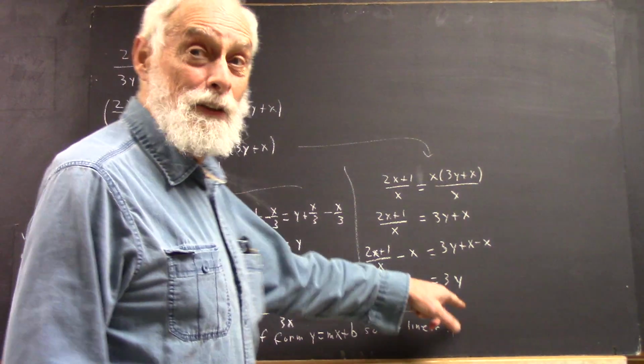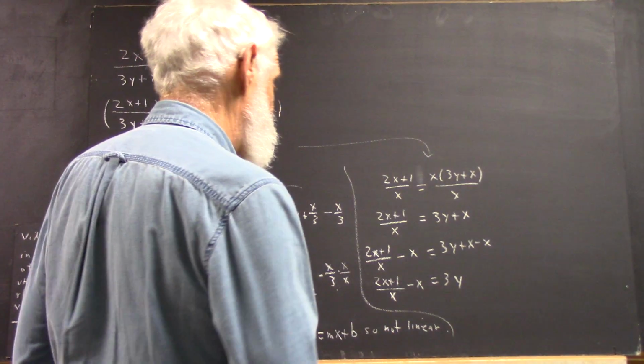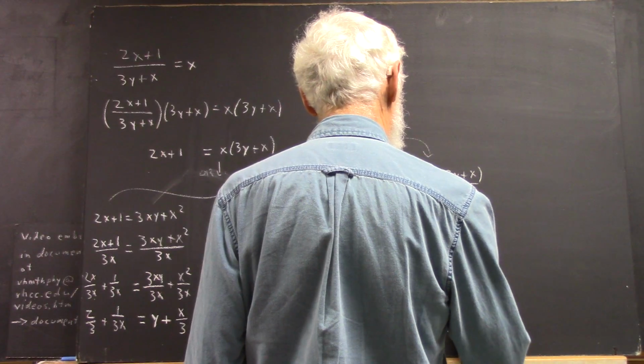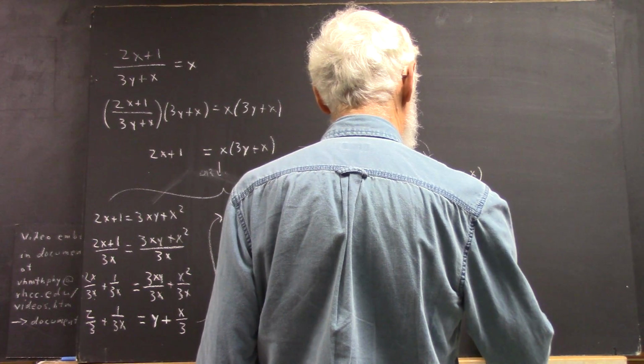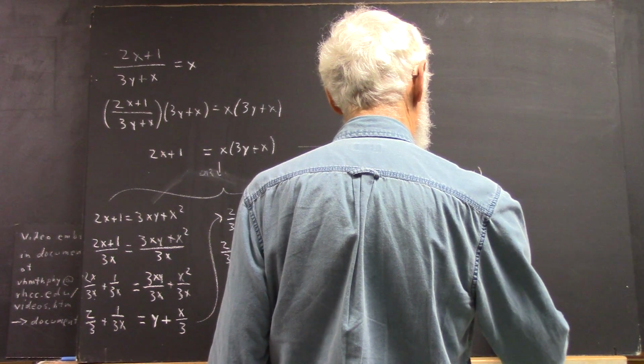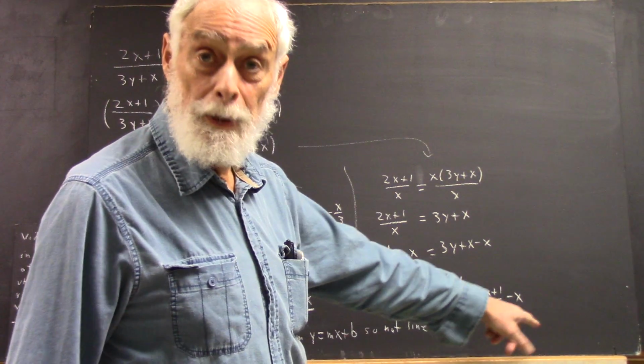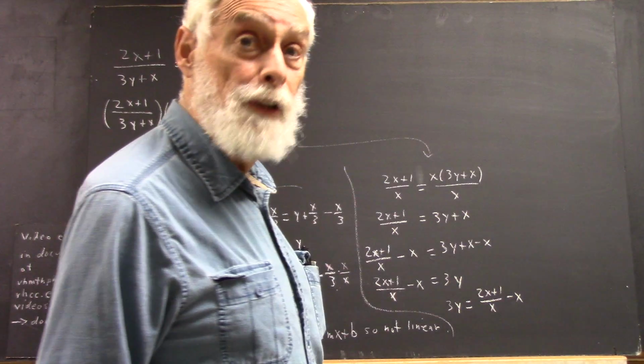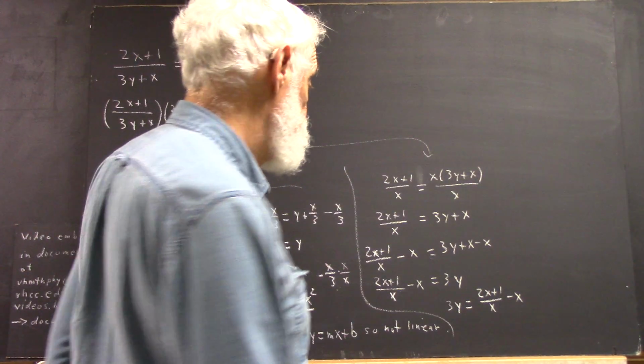Okay, so we get this, right? So now let's write this. Let's put the 3y on this side: 2x plus 1 over x minus x. Now clearly we could do a common denominator over here if we wanted to, right? But now we're just going to divide both sides by 3.